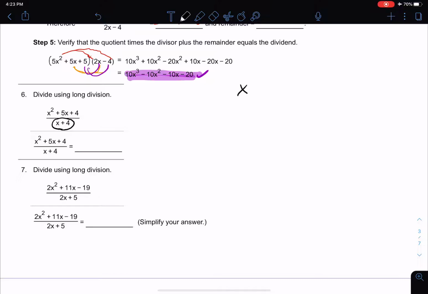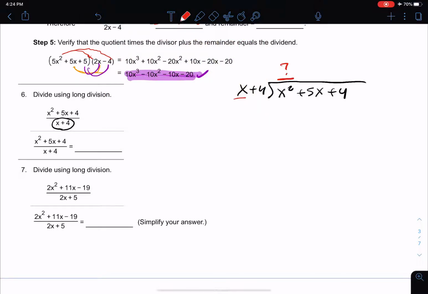So this is going to be a divisor of x plus 4, and that goes into this polynomial of x squared plus 5x plus 4. Okay, so how do we do this? Here's how I like to do it. I like to say question mark.